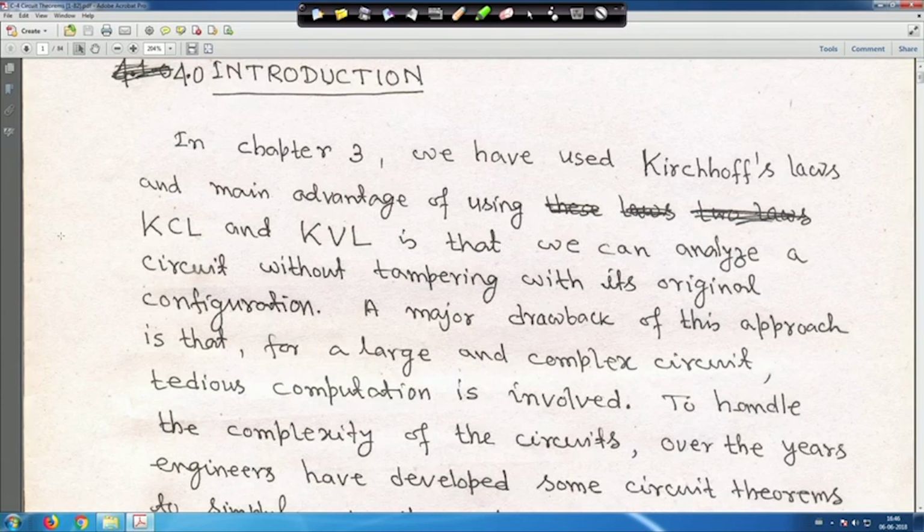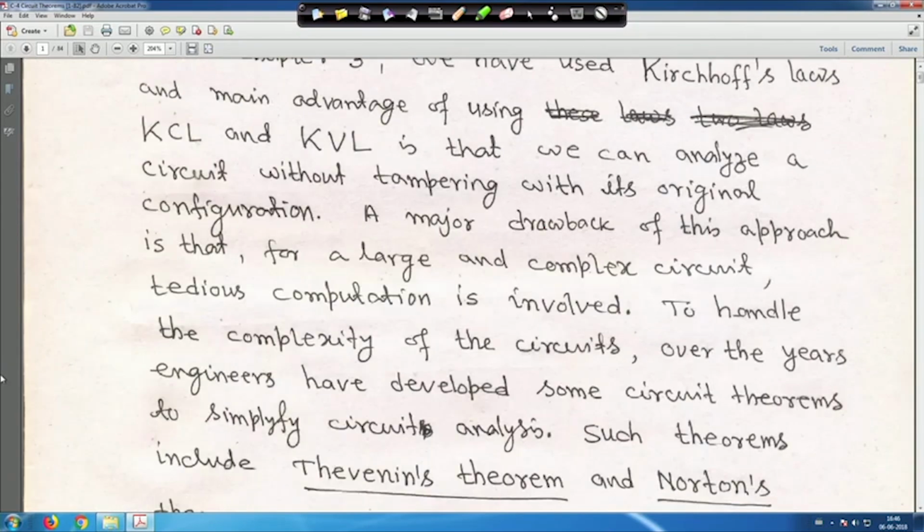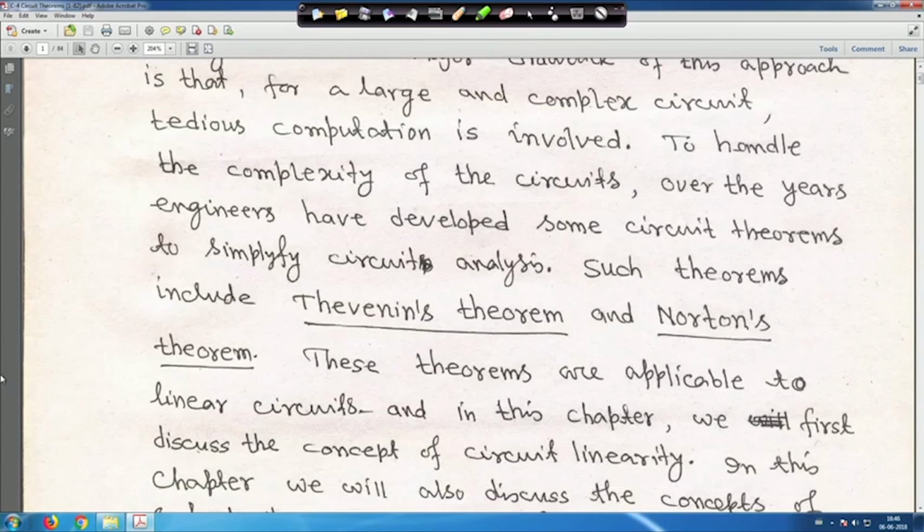But the major drawback of KCL, KVL, nodal and mesh analysis is that you have to solve very large complex circuits, and tedious computation is involved. So, to handle the complexity of circuits, engineers over the years have developed circuit theorems, such as Thevenin's theorem and Norton's theorem.